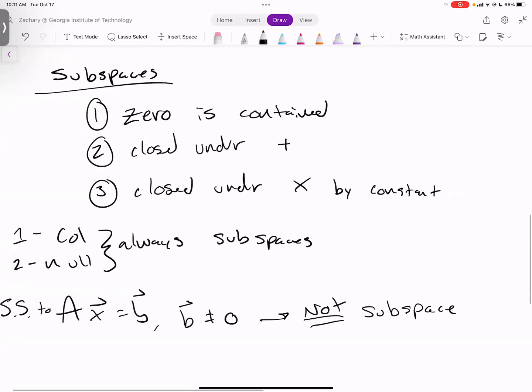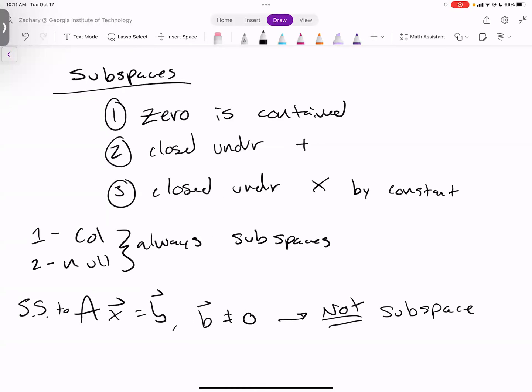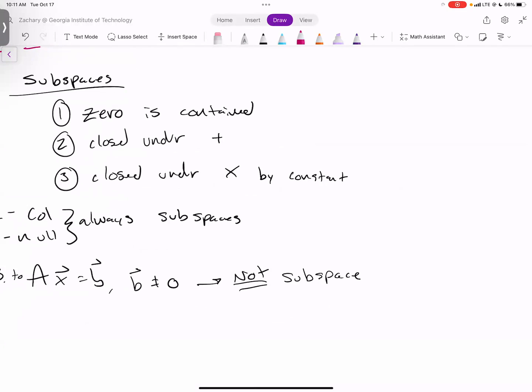Now to talk about what these 3 conditions mean geometrically first. For example, if I have a line on this graph, to check if this line is a subspace, we must check if 0 is contained. Do we touch the origin? In this case, yes.